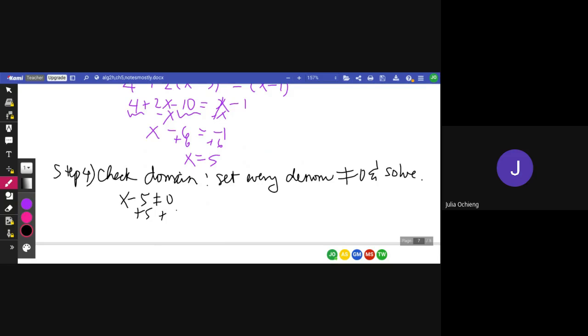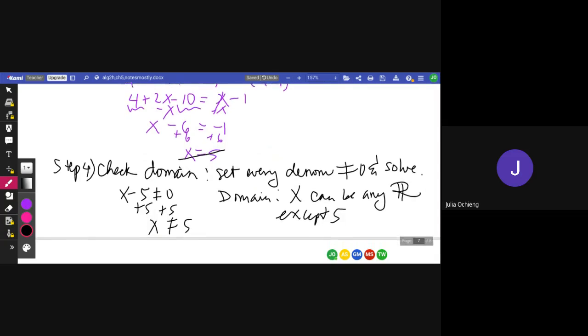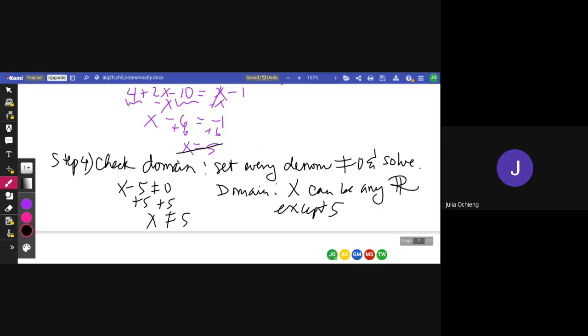So I add 5 and I add 5. So x can't be 5. So my domain is that x can be any real number except 5. Well, the only solution I got was 5, so that's not allowed. So because of step 4, there is no solution again. Because 5 is an extraneous solution, so it's not allowed because it's not in the domain.